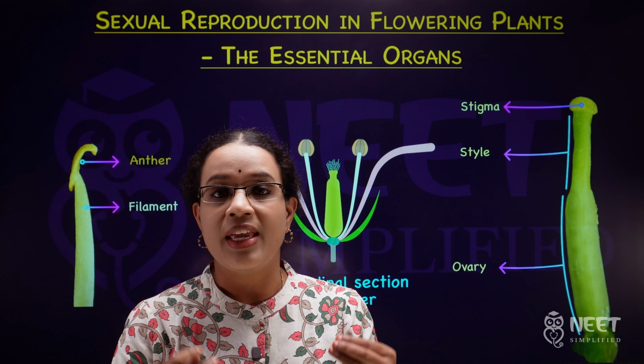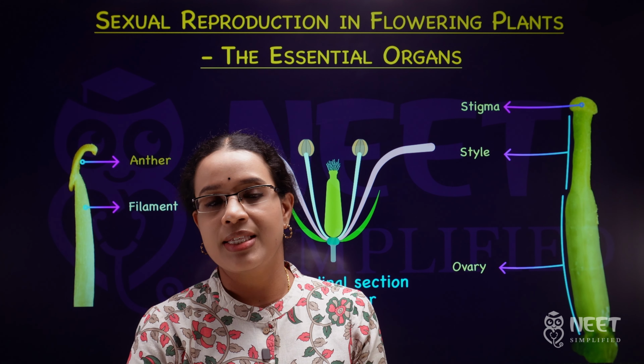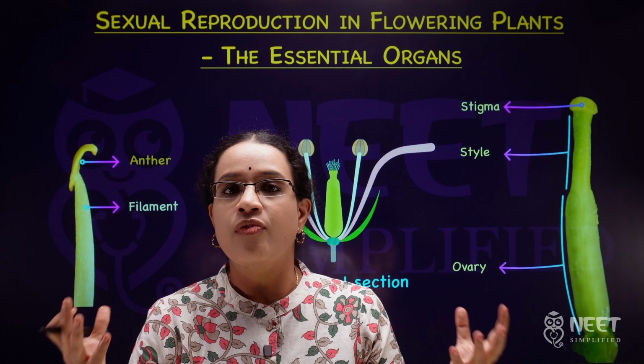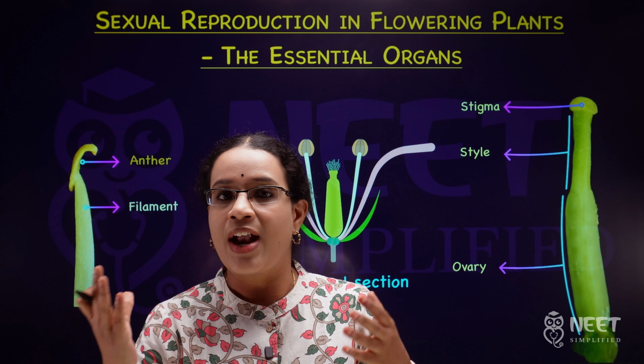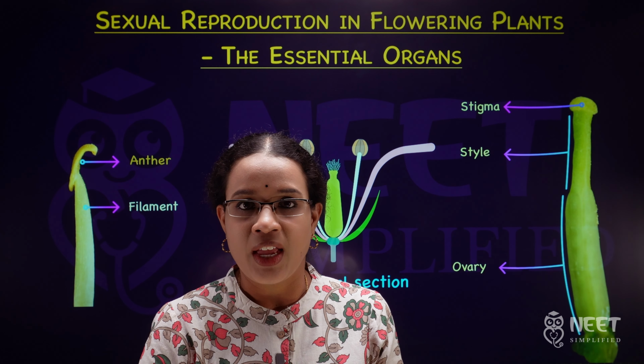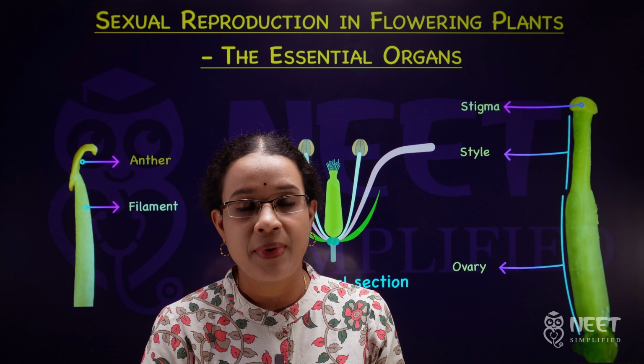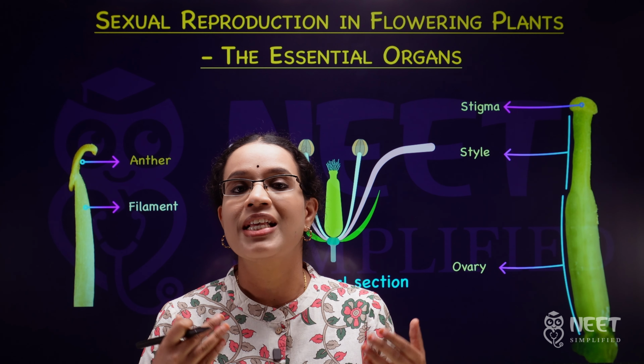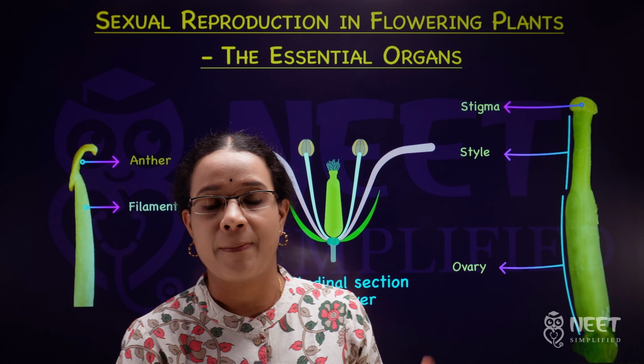Now moving to the most essential organs for reproduction. We have seen calyx and corolla, which act as protection and attraction respectively. For reproduction to happen, we need the male and female reproductive organs, which are termed essential.